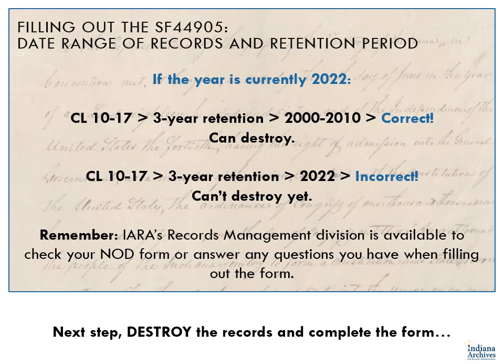So correct, you can destroy those records using an NOD form. If you were trying to destroy records from 2022, the current year in this scenario, well, incorrect. No, it has not been 3 years since 2022, and you cannot destroy those records yet, according to the retention period.